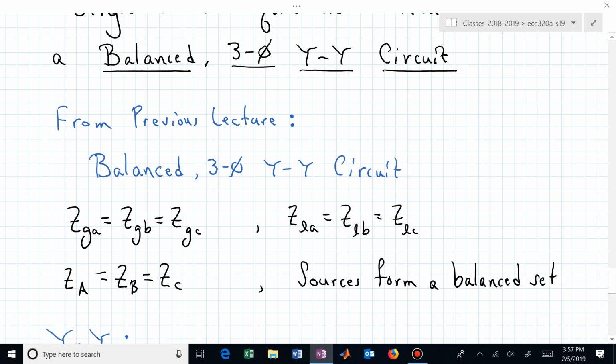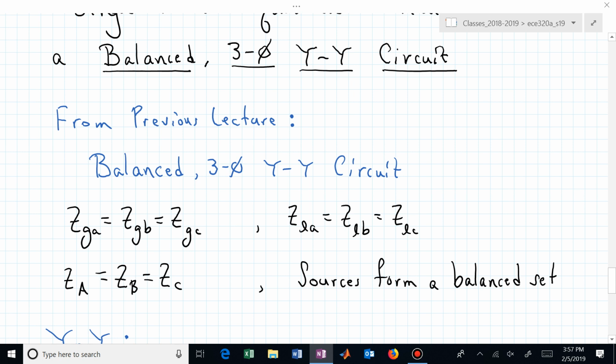They're equal. What about their phases? They're off by 120, and they'll be 120 off either in the ABC or the ACB, either in the positive or negative. And you'll just have to be told if somebody needs that much information.